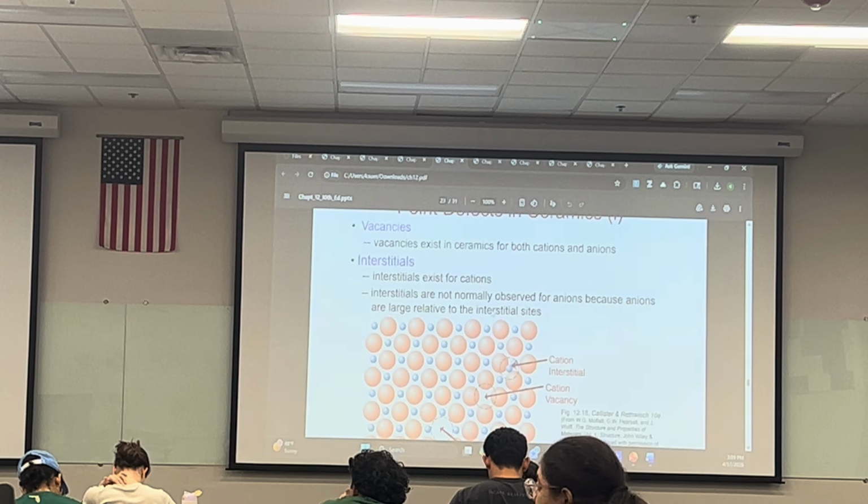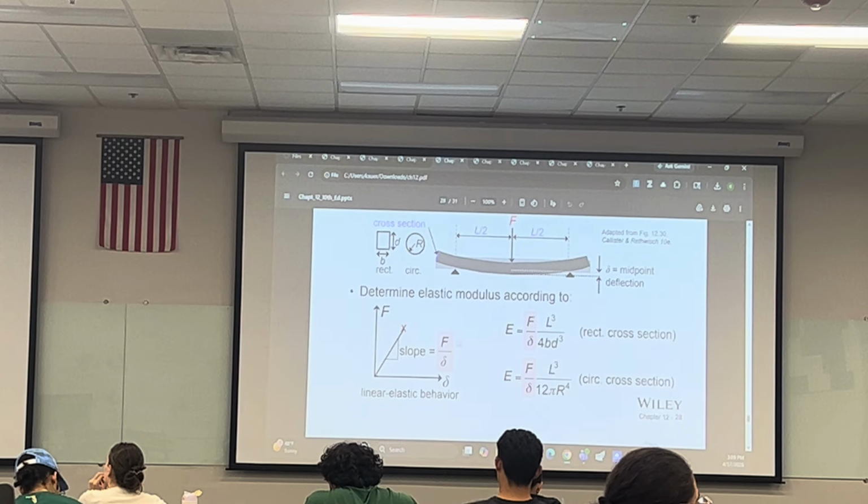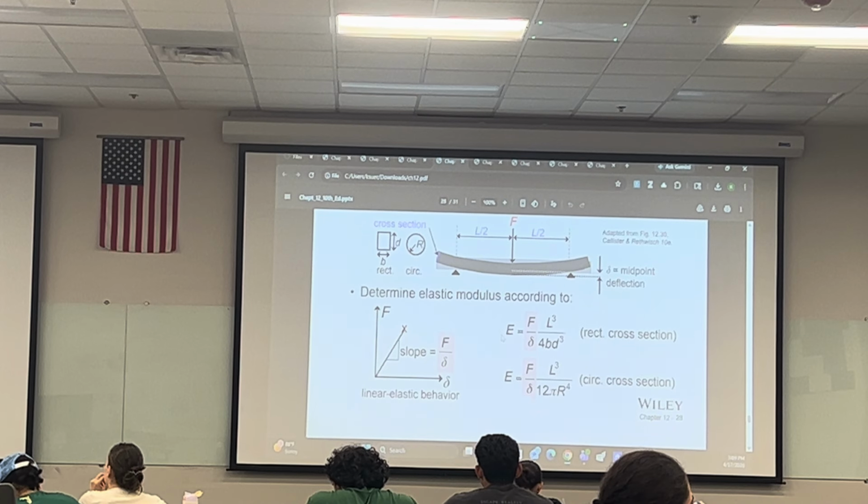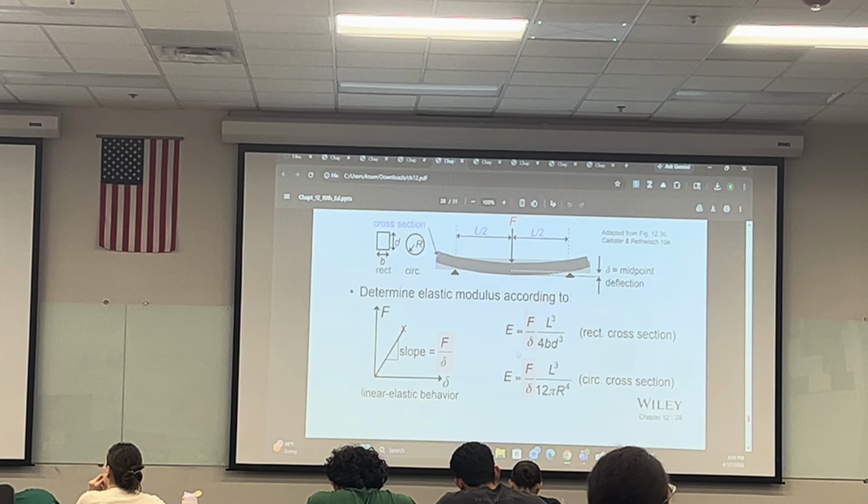Vacancies are the other important concept of this chapter. You had formulas for these types of defects. And finally, we talked about mechanical properties.